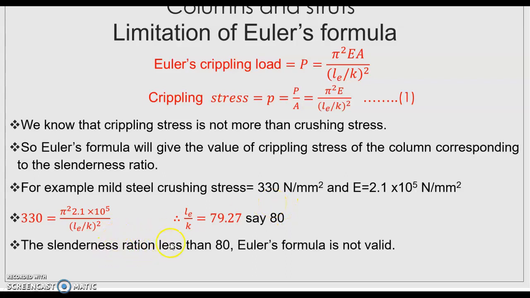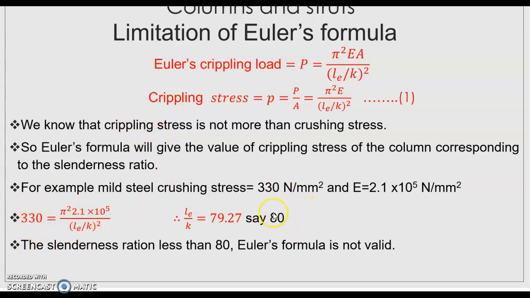So if the slenderness ratio is less than 80, Euler's formula is not valid. Which means if the slenderness ratio is less than 80, the crushing stress will be more. We assume the crippling stress value corresponds to crushing, so we assume this 330 is the crushing stress.